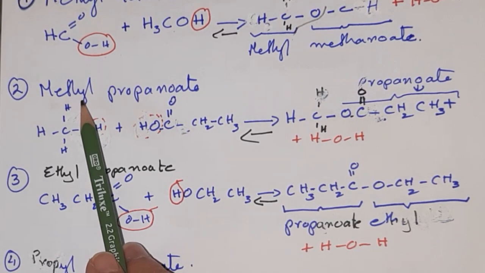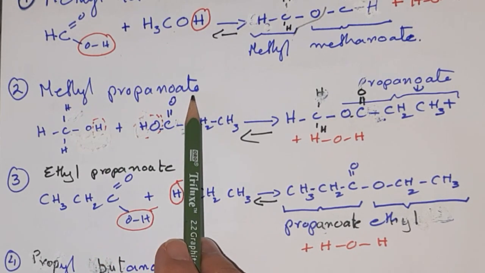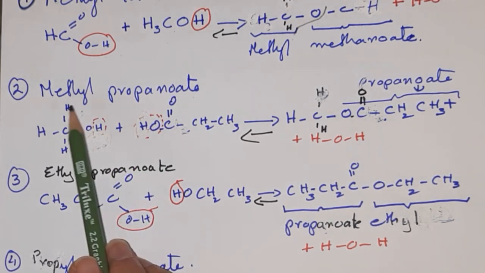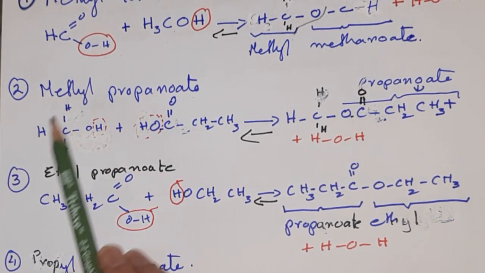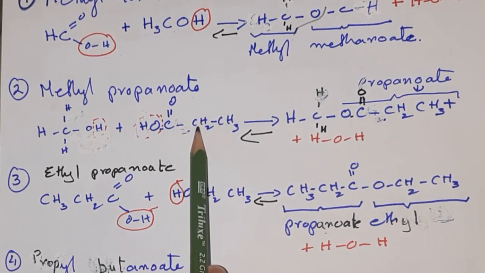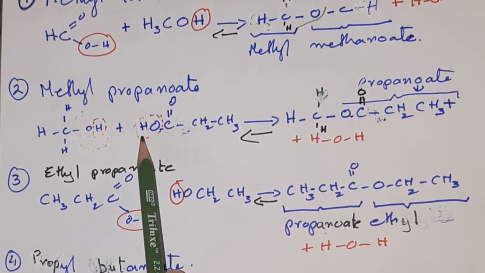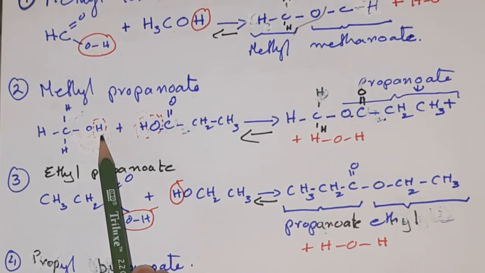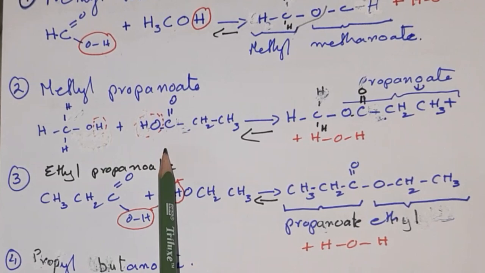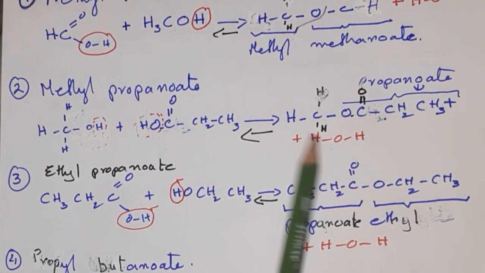Now methyl propanoate. So methyl again is methanol. You can see 1 carbon, CH3OH, and propanoate, now I have 1, 2, 3 carbons, OH group and C double bond O. H of the alcohol and OH of the acid are going to be removed from here and form water.